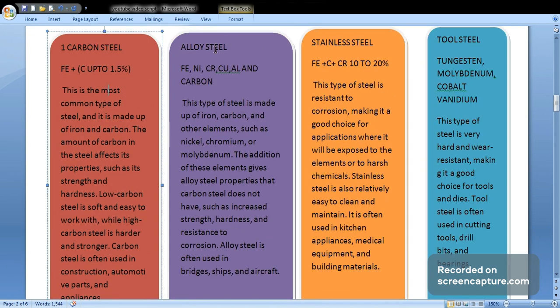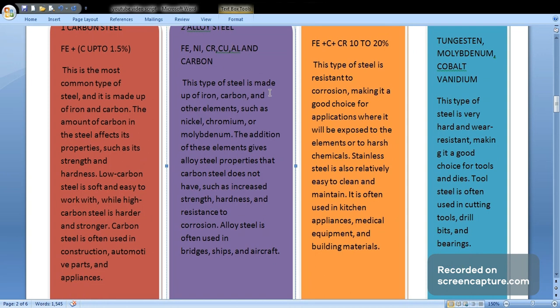This is a small introduction to all the types of steel. Second is alloy steel. This type of steel is made up of iron, carbon, and other elements such as nickel, chromium, cobalt, aluminum, and molybdenum.